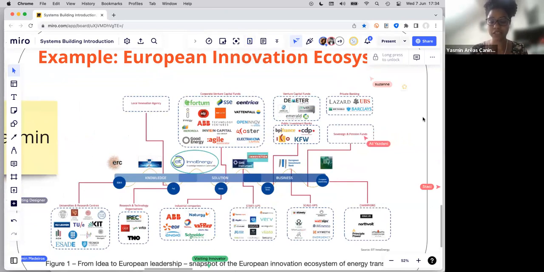Because of this goal, they brought diverse stakeholders together to collaborate, to use their own capabilities in different ways, moving towards the goal of making Europe a carbon neutral continent.